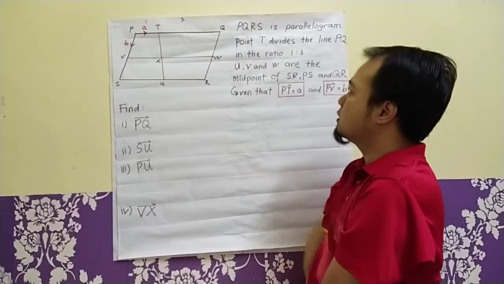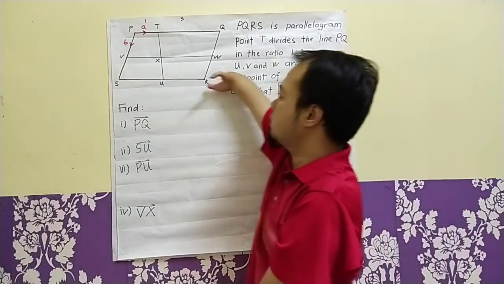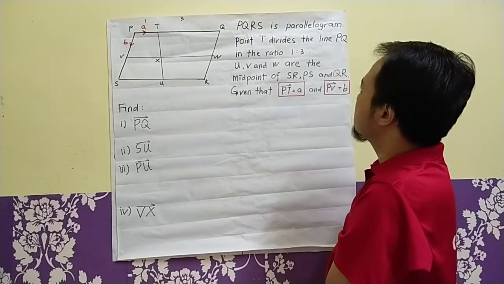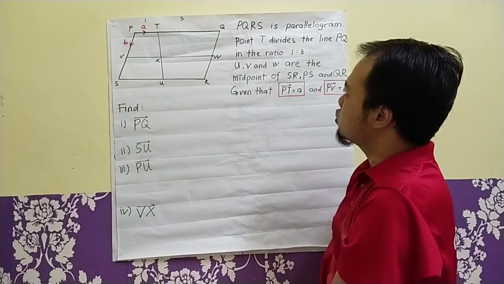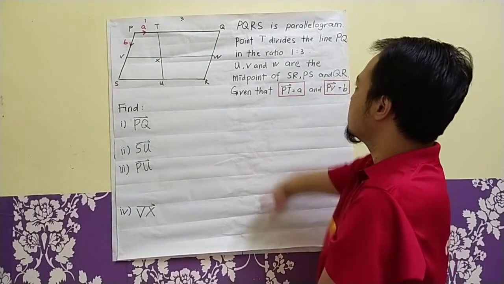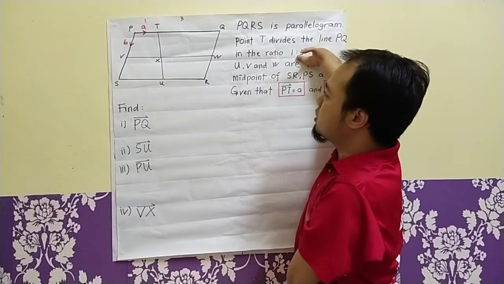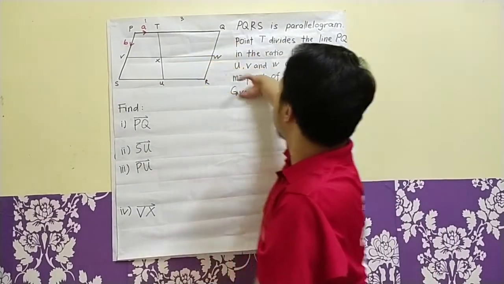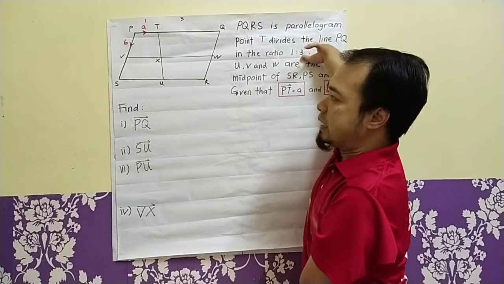Now, this is given. PQRS is a parallelogram. Point T divides the line PQ in the ratio 1:3. What does the ratio 1:3 mean?